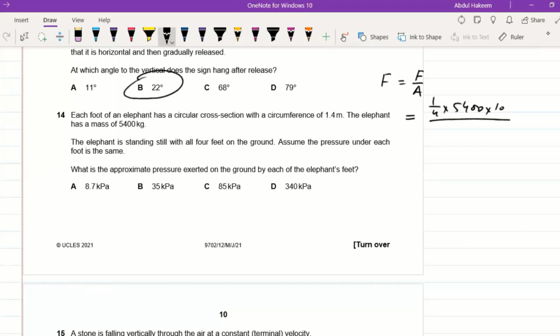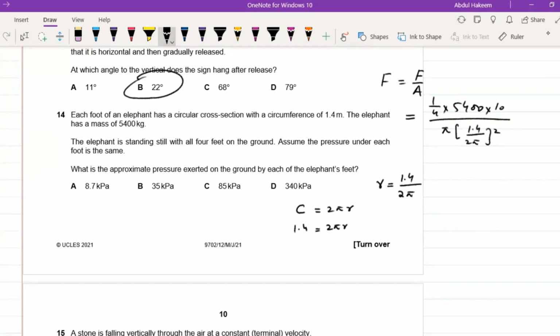Now for the area, look, the circumference is equal to 2 pi r. And it is 1.4. So 2 pi r. So we can calculate the radius. So the radius is equal to 1.4 divided by 2 pi. And then area is equal to pi r square, and it is 1.4 divided by 2 pi, whole square.